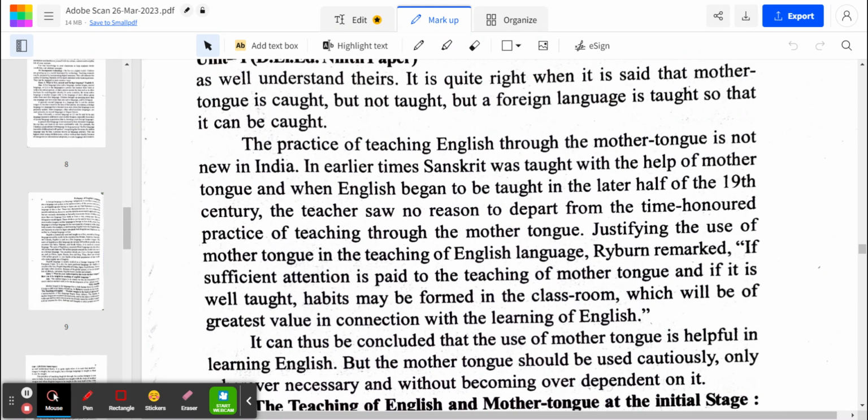Justifying the use of the mother tongue in the teaching of English language, one remarks that if sufficient attention is paid to the teaching of the mother tongue, and if good habits are confirmed in the classroom, it will be of greatest value in connection with the learning of English.